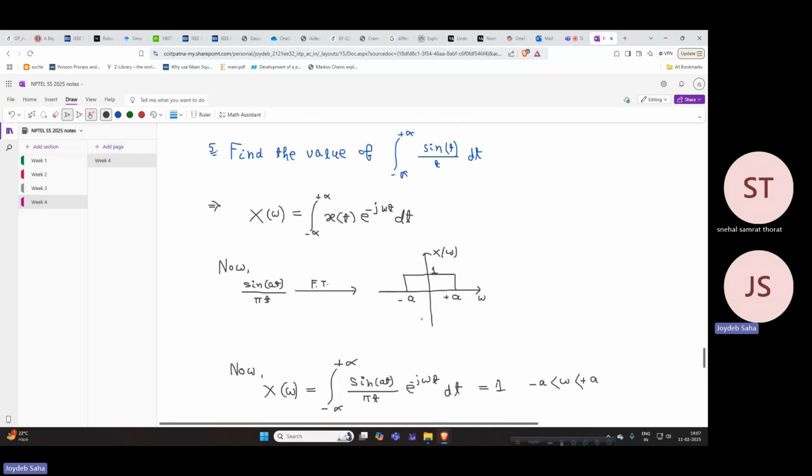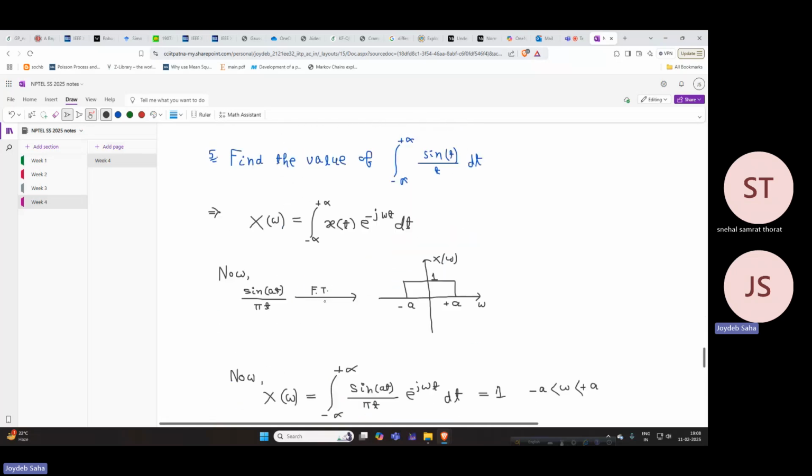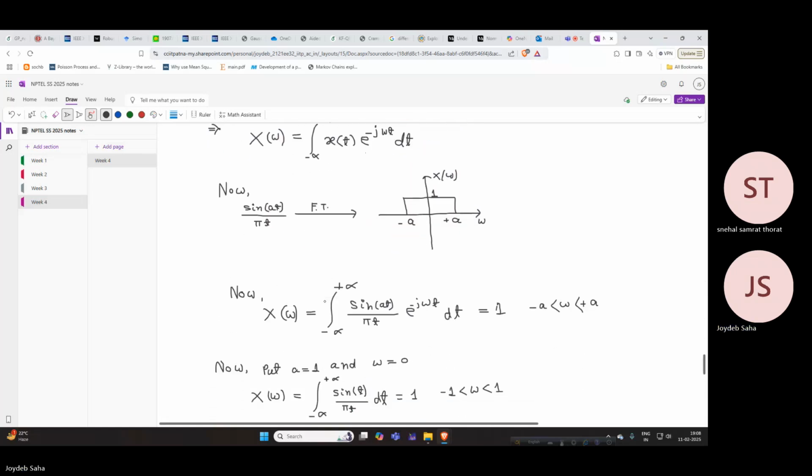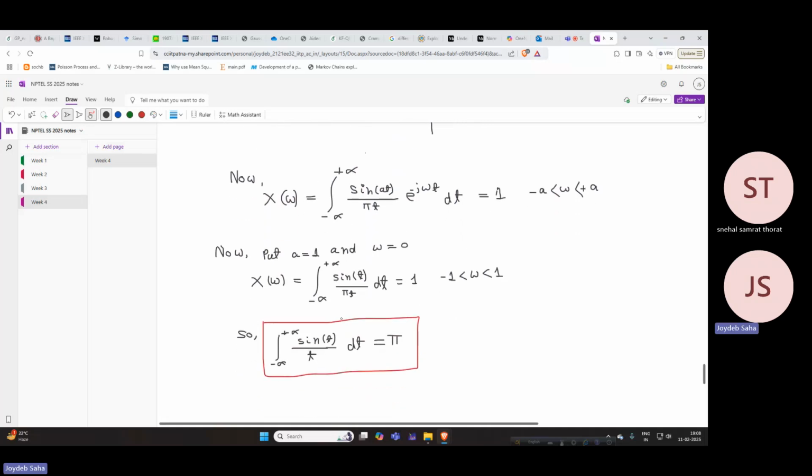Please take a glance at this solution. You take 2 or 3 minutes and have a glance. How are we solving this? First, we specify the basic definition of Fourier transform. Now we have used this property. We have solved this in an earlier question, right? Now we have put the xt value and then calculated in this way.